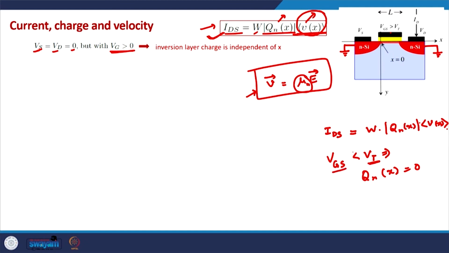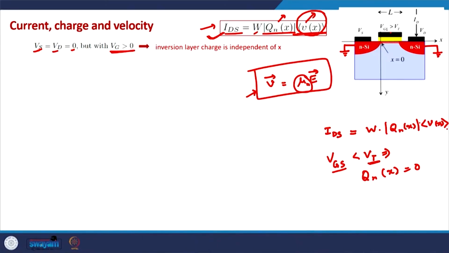In our classical treatment of MOSFETs, as I have already pointed out in one of the classes, the structure of the gate and the channel is capacitance-like.